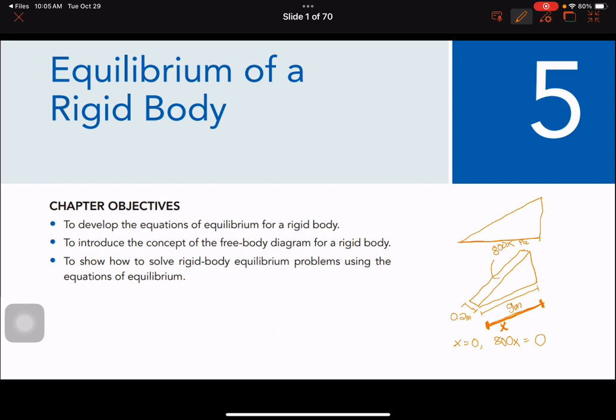Di ba? And then at x equals to 9 meters, so magiging 800 times 9, so you will have the 7,200 Pascal.